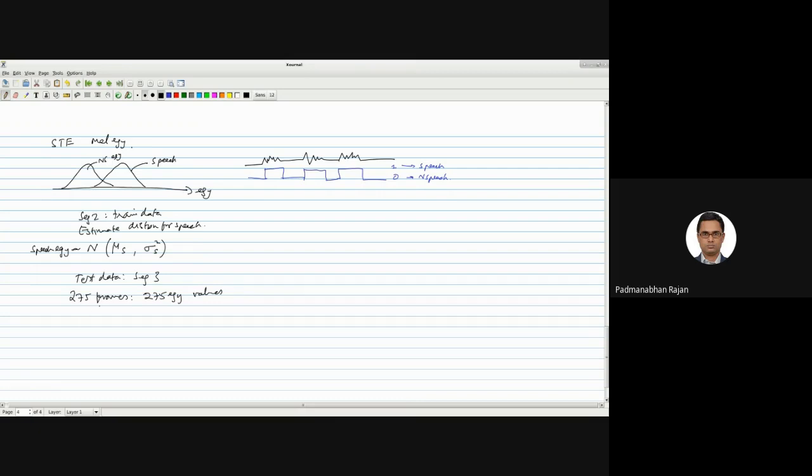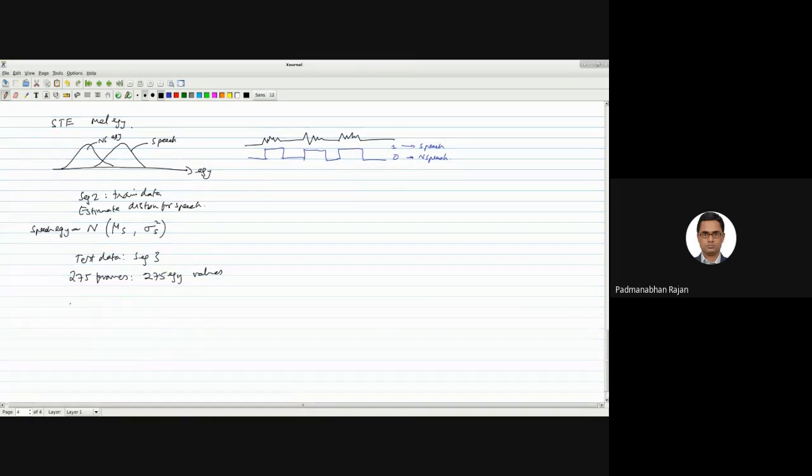For that, for every xi, which is the energy value, you estimate the probability of xi given speech, and you will get some value p. Xi is the ith observation. Like that, you have 275 of them.